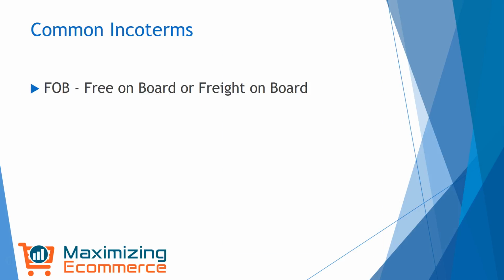So one is going to be FOB, and that's a very common one you're going to see, which means free on board or freight on board. Technically, what that means is that included in whatever the price is will be getting the unit to the port.